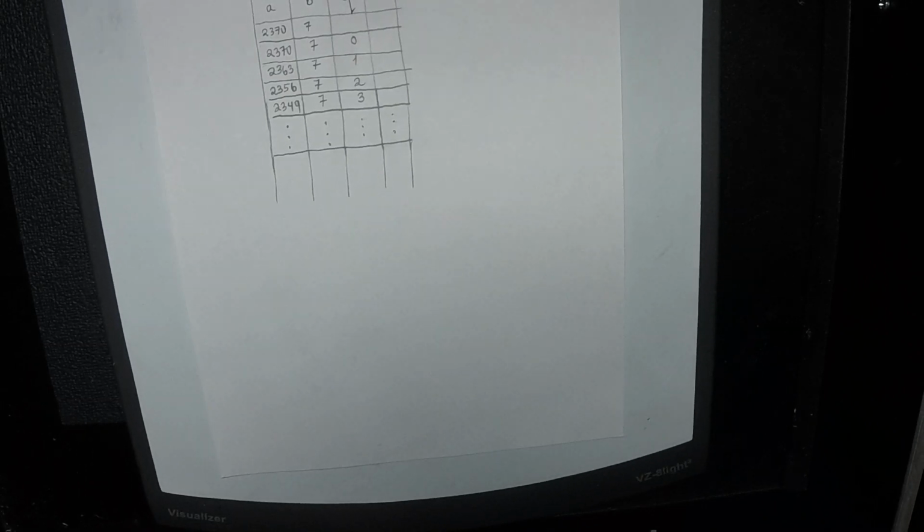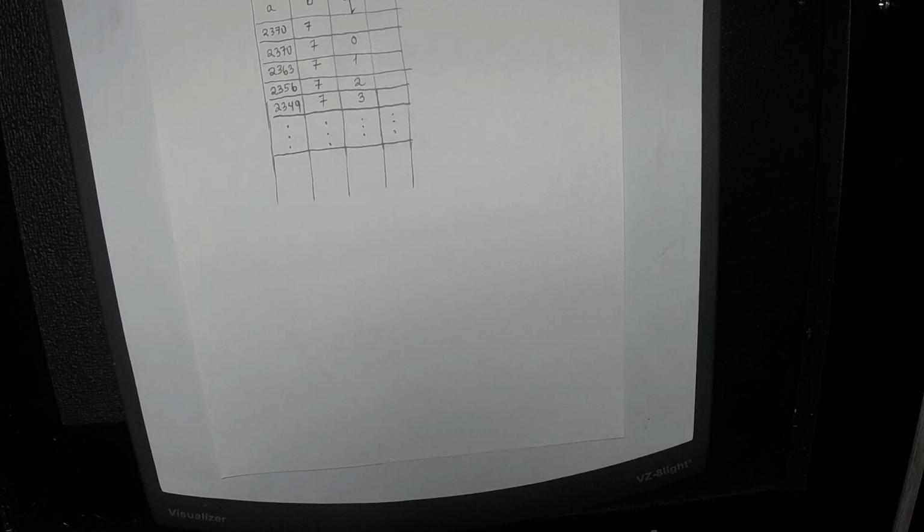So getting out my calculator here, my calculator reports to me that 2370 divided by 7, including the floating point, is 338.57.